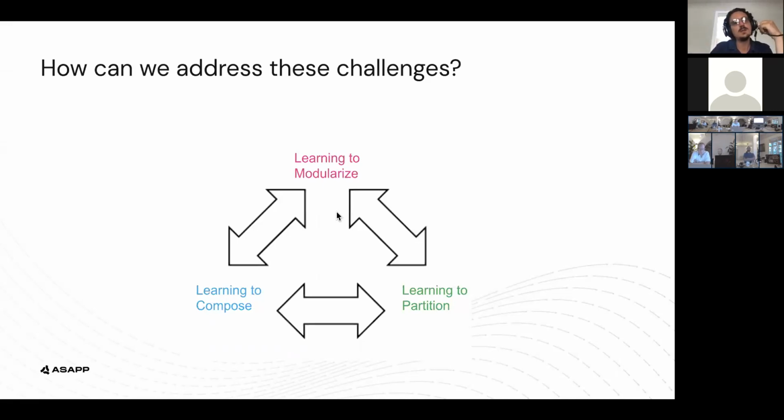When you look at these and think about where you can start to address these problems, I very quickly came to the realization that learning to modularize, learning what the exact functional nature is, is a very difficult area to start with. Because if you already knew what functions you would ultimately need for your composition, you would already have solved most of the problem.